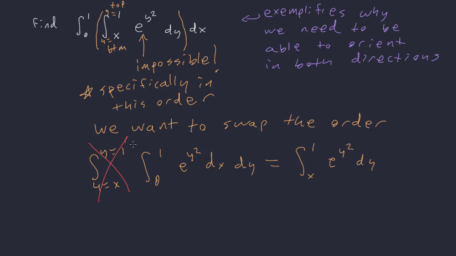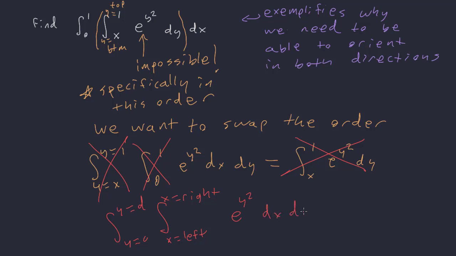So instead, to swap the order, we have to completely change it so that I have x going from left to right and y going from C to D, right? This is what we have to do to get this reordered so that we can actually integrate.